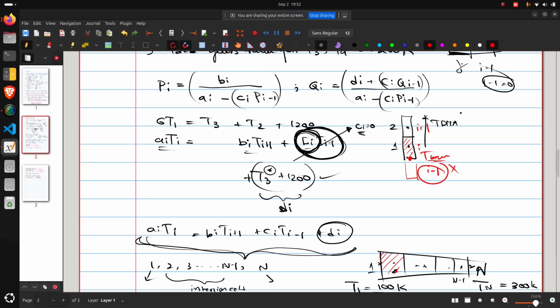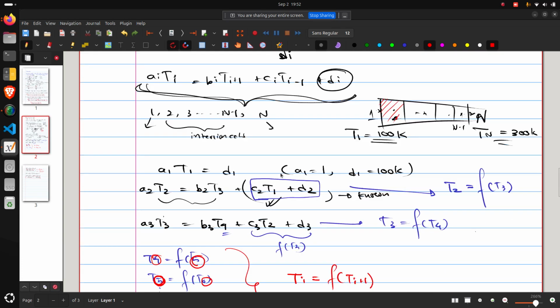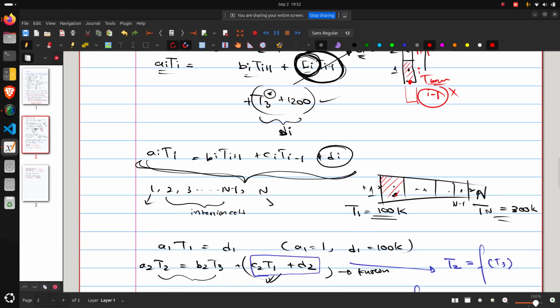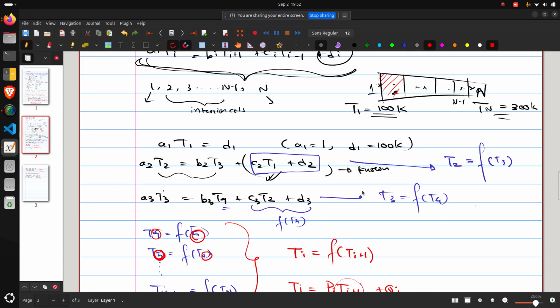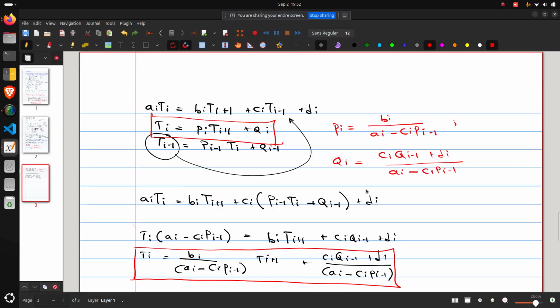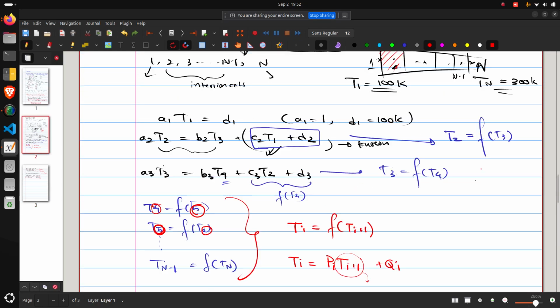So that is why we don't have a Ci coefficient, and this is the result that we get a certain type of form, right? For P1, P1 will be nothing but Bi by Ai - CiPi-1, right? But here we already have that.